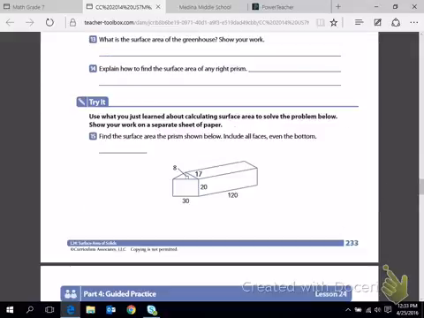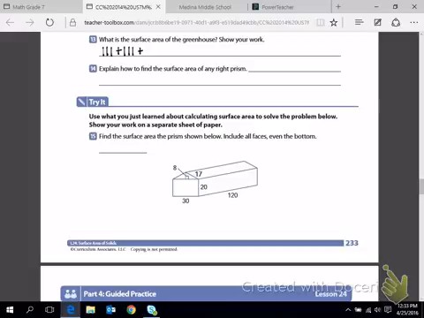For number 13, it says, what is the surface area of the greenhouse? And show your work. This is where we have to account for both pentagons and all 4 rectangles. So we found that the area of one pentagon was 111 feet squared, and we have 2 of them. We said that we're going to have 2 rectangles that are 15 by 8.